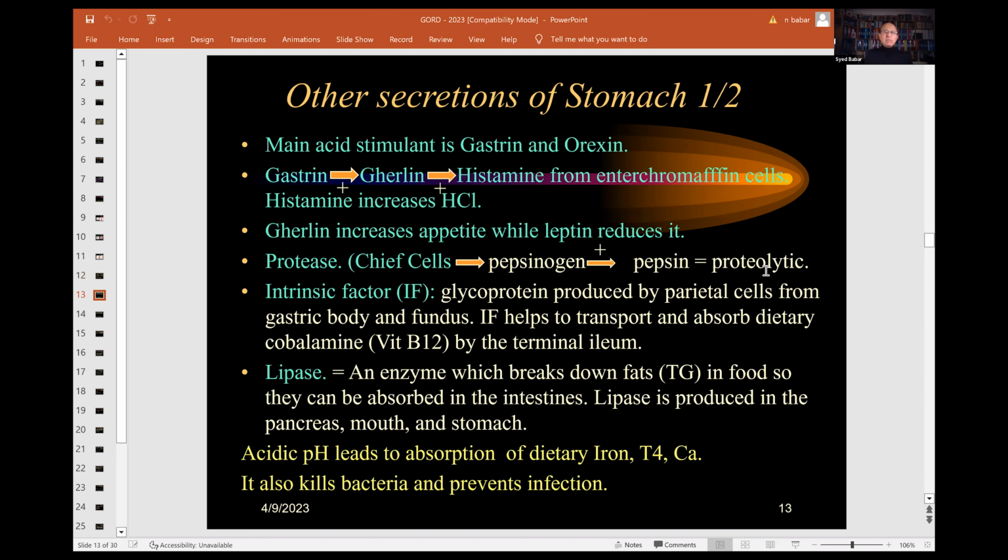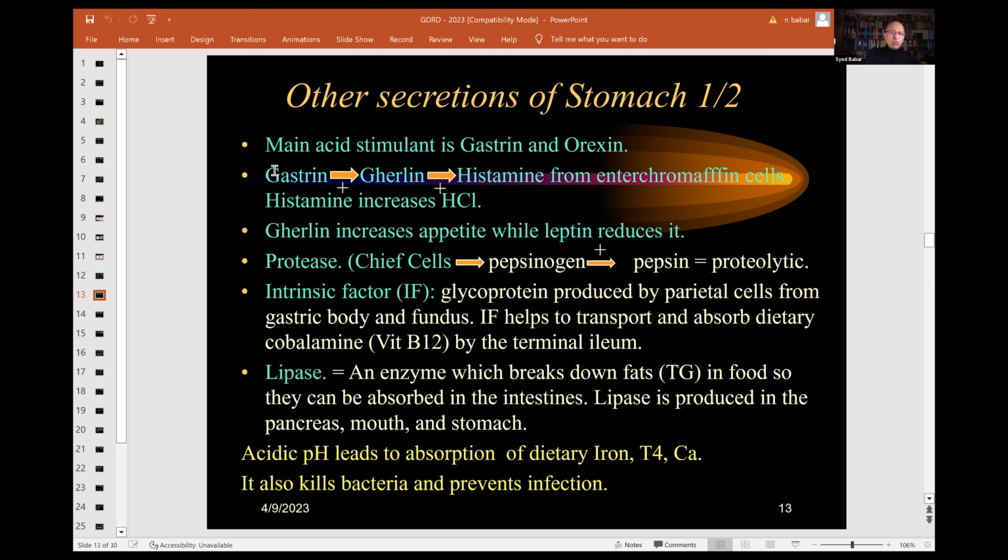And so what can stimulate secretion of hydrochloric acid into the cavity of the stomach from the parietal cells? The main stimulant is gastrin, from the G cell in the region of the parietal cells, and orexin, which is another hormone. So when there is a need and a stimulus, there is a higher level of gastrin and orexin. And then this also finds a hormone which is less active called ghrelin.